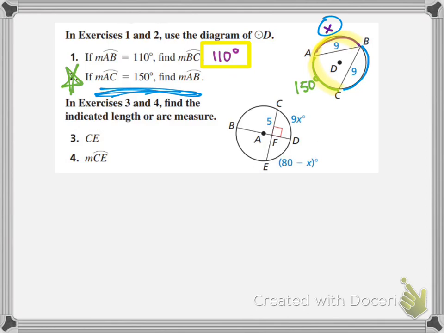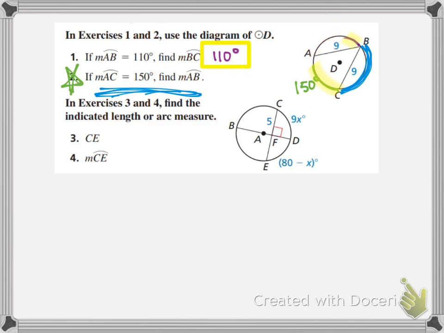So again, we need to label BC, but just like in the previous problem, we know that they're going to be the same. So if we call AB X, Zoe, sorry, what was I saying?